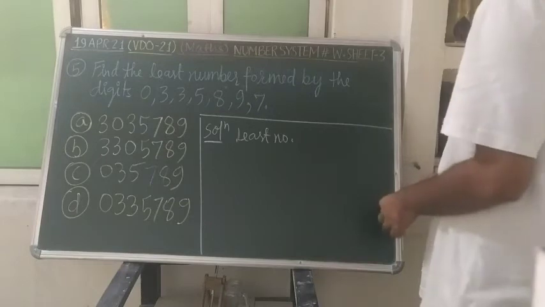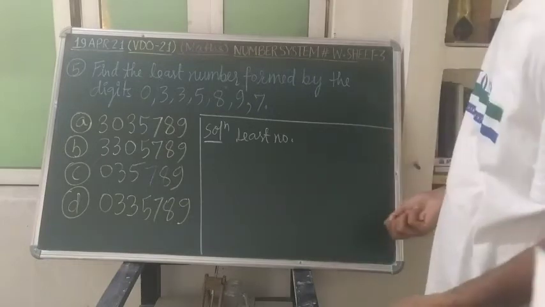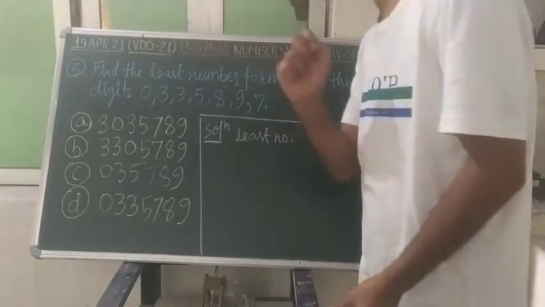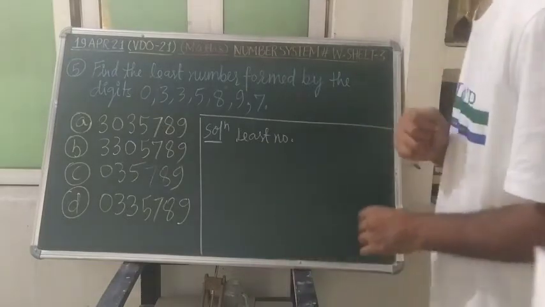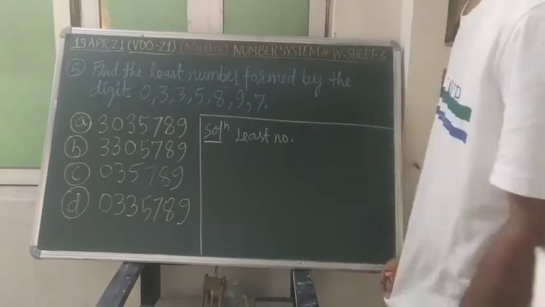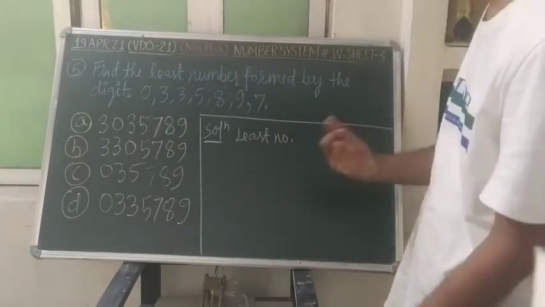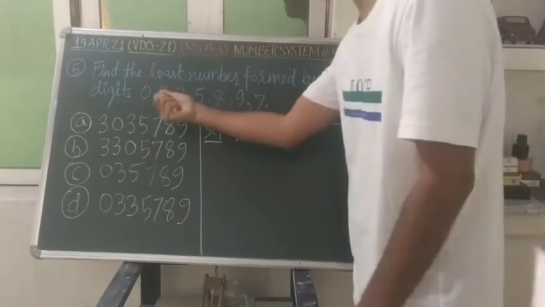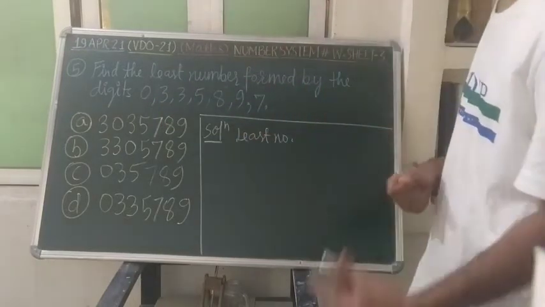We know that on the very left side we can't write the 0. In the problem we see that 0 is present. If 0 were not present, our task would become easy, but if 0 is there, that task may be hard.